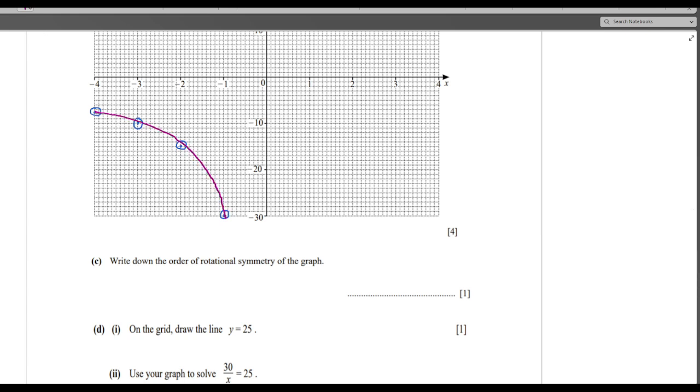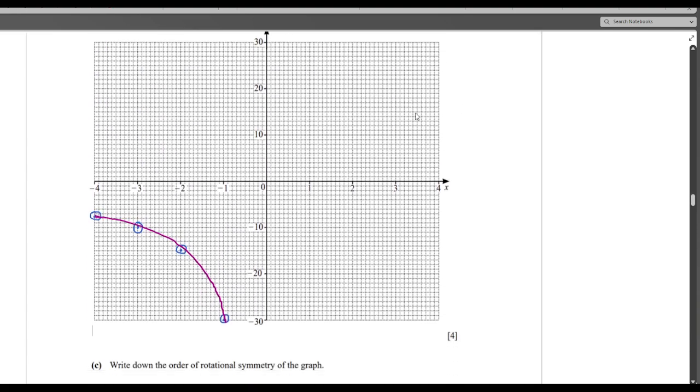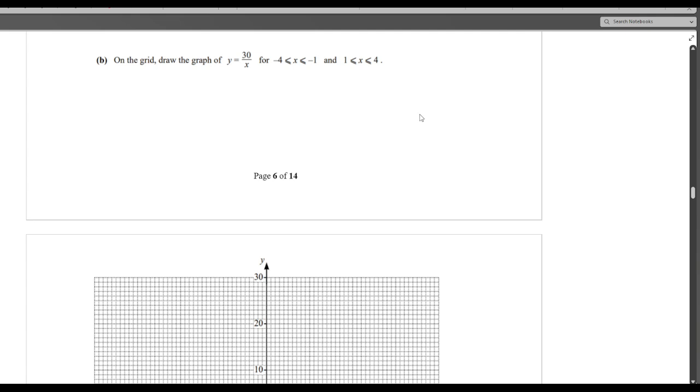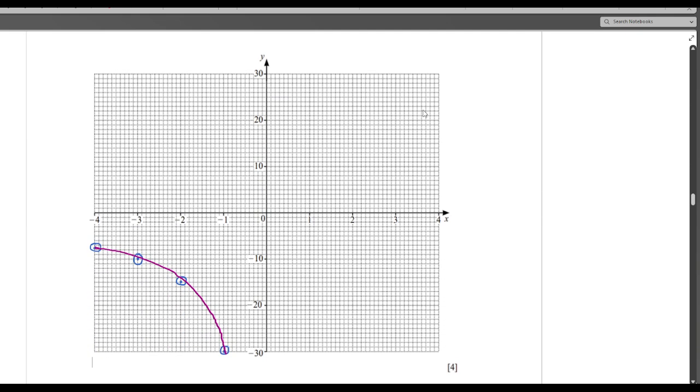Now the same thing will go in the first quadrant. For 1 your value is 30, so you have a point over here. Then for 2 the value is 15, so it will be somewhere here.